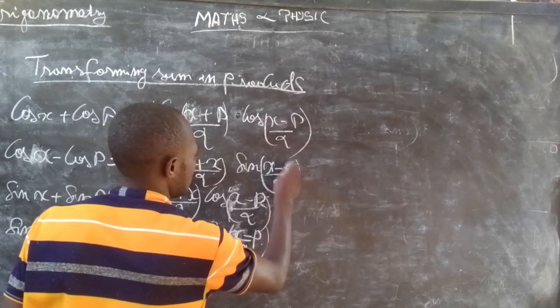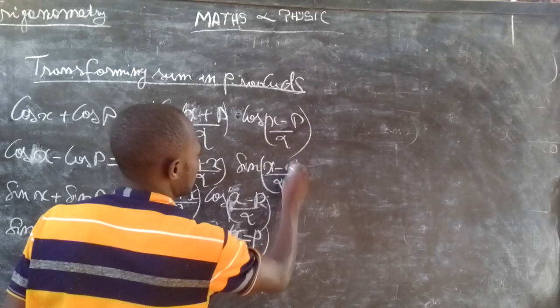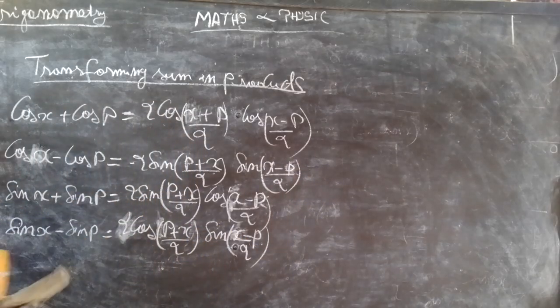So these are the 4 main formulas which are used in transforming a sum into a product.